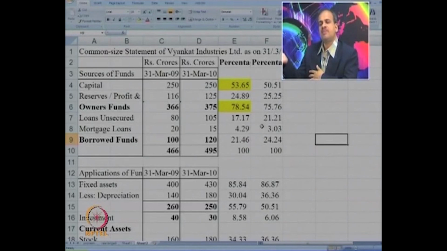So, it does not make much sense to compare them without adjusting the figures. In common size statement, an attempt is made to bring all the figures in relative terms as a percentage to total, so that this data can be compared with any other company. So, even if the company is large, we can say that as a percentage how much is contributed by, let us say, capital, how much by loans, and so on.